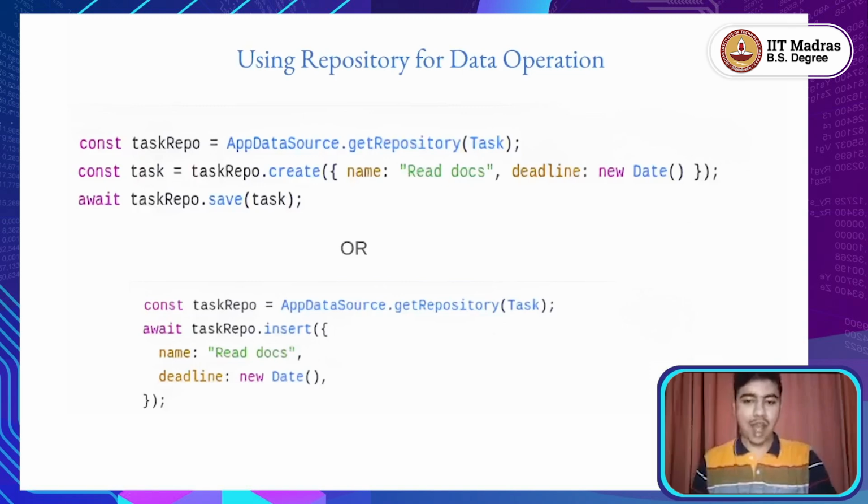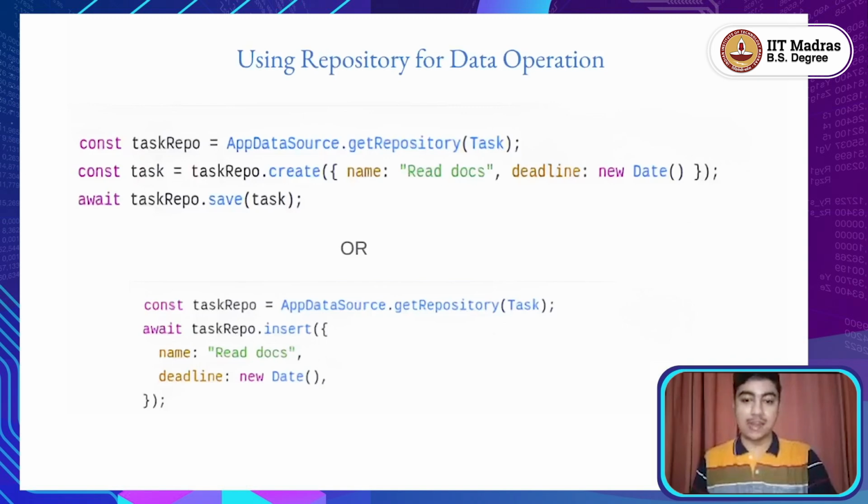Now, let's look at how we actually interact with the database using TypeORM. Once the connection is live, TypeORM provides a repository for each entity. Think of a repository as a set of methods for reading and writing data for a particular table. A repository for any entity or table can be easily created with the help of the data source, as also shown in the current slide.